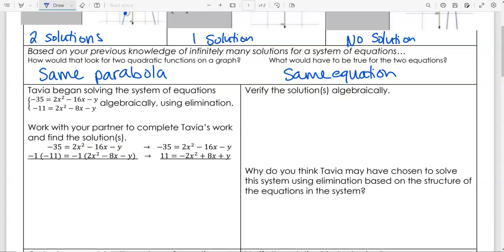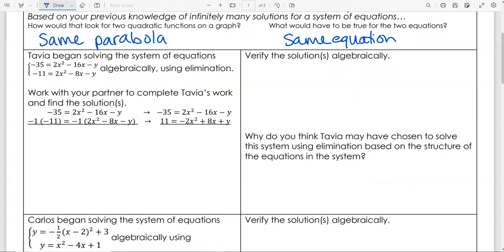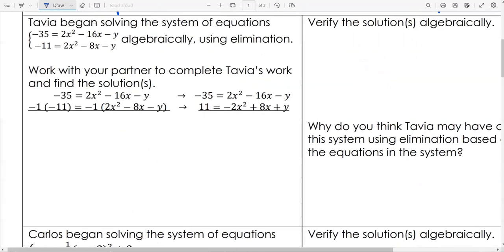From here, just like with our two lines, we squish together what we got. What is negative 35 plus 11? Negative 24. What is 2x squared minus 2x squared? 0, they cancel out, nice.